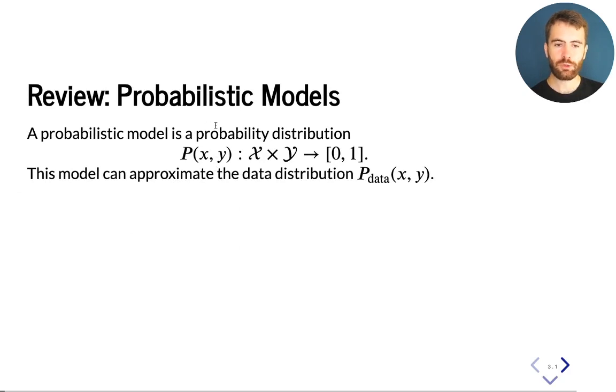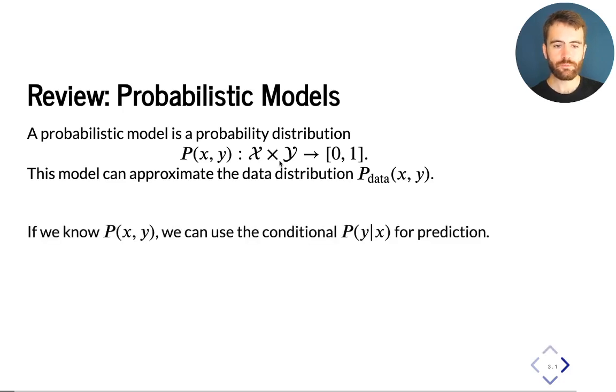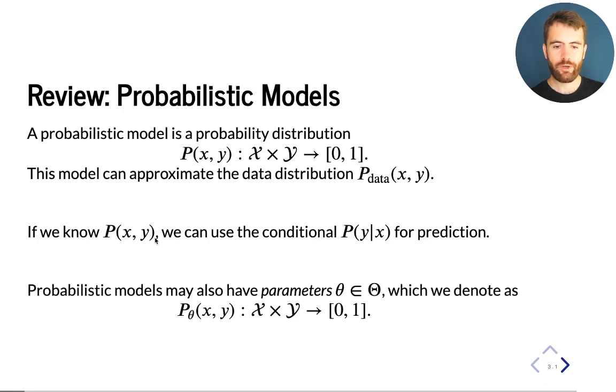You can think of a probabilistic model as a distribution over x and y, and our goal is to approximate the true distribution over x, y, the data distribution, with our model. We can use a probabilistic model for supervised learning by transforming the joint into the conditional distribution using standard operations in probability. And very often, as in standard supervised learning, our probabilistic models are going to be parameterized by a set of parameters theta, and in that case, I will denote this probability with a subscript theta.